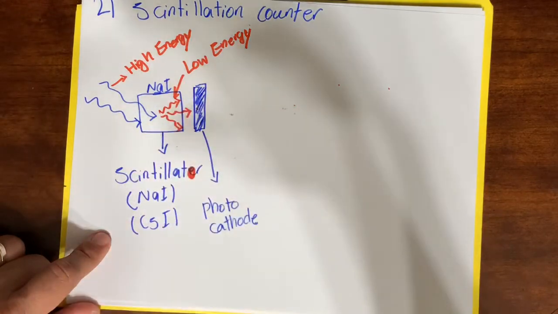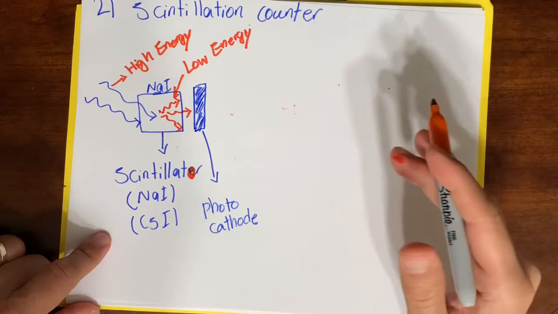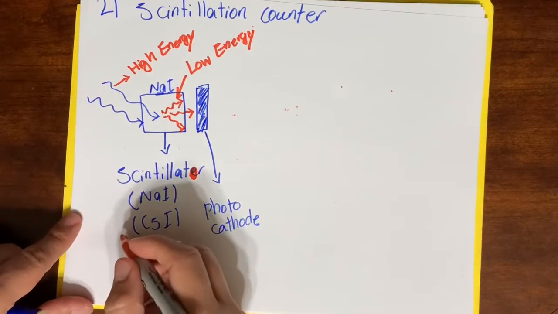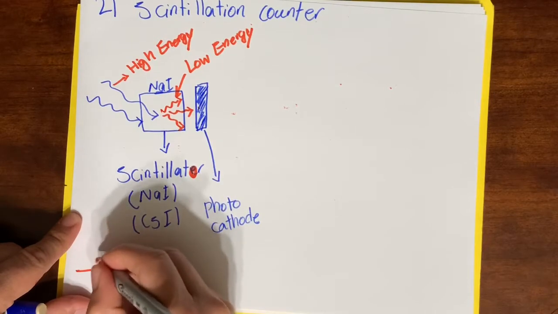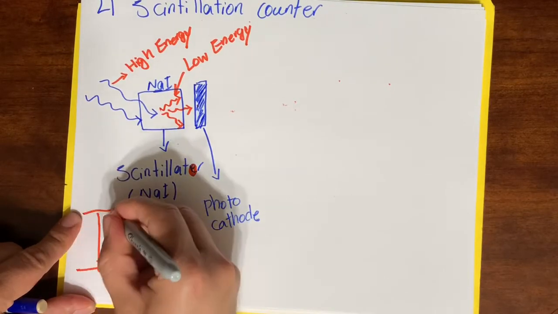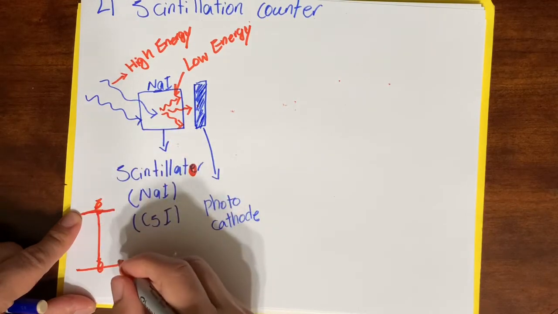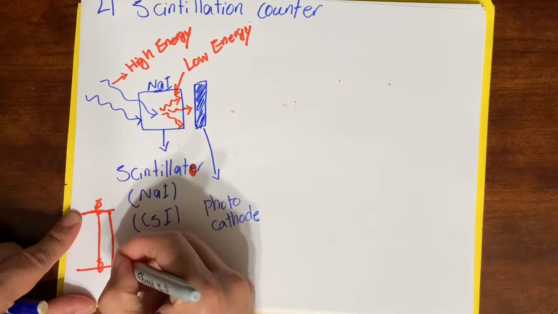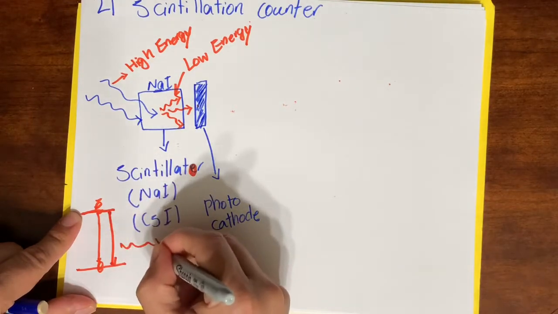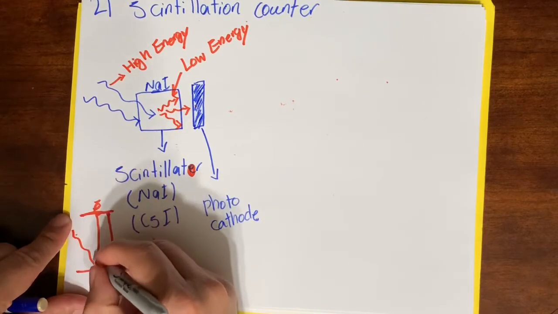Coming to the scintillator, the scintillator will get the energy. It will go to a higher level, and then it will relax and emit some energy. So here we have an electron that went to a higher level. When it's relaxing, when it's going back, it will emit energy, and this energy is less than the initial one.